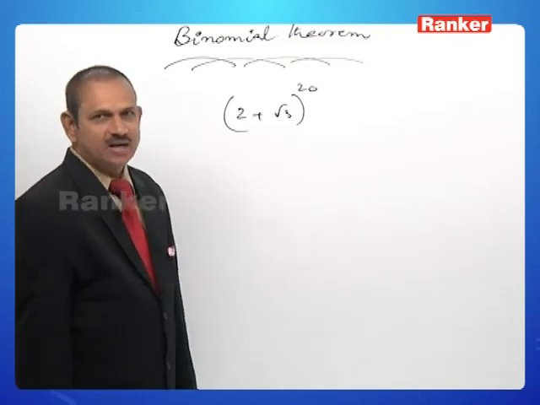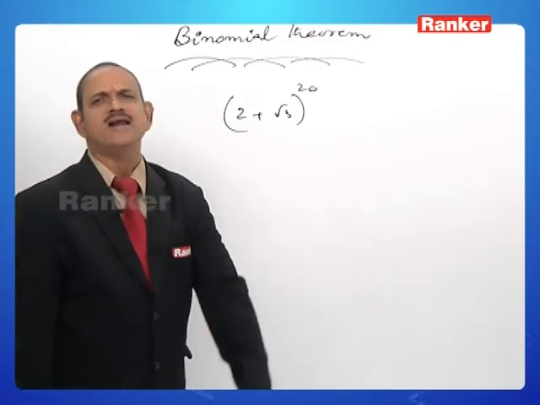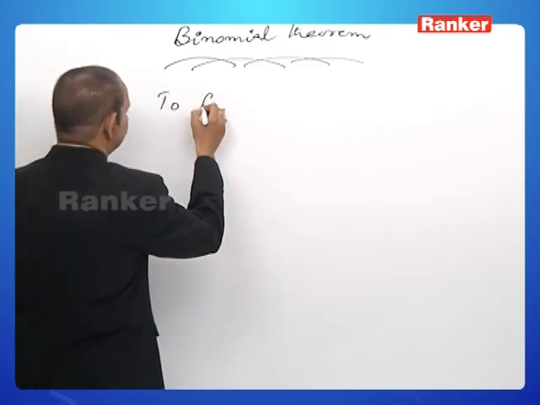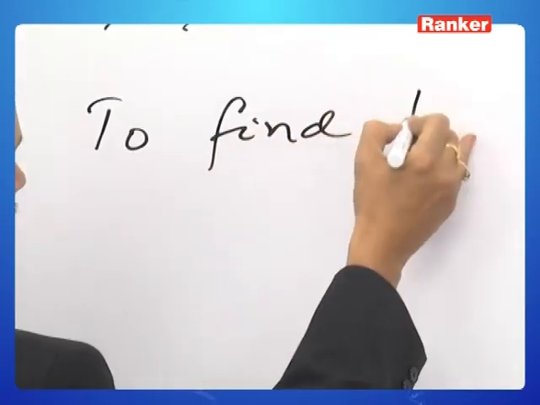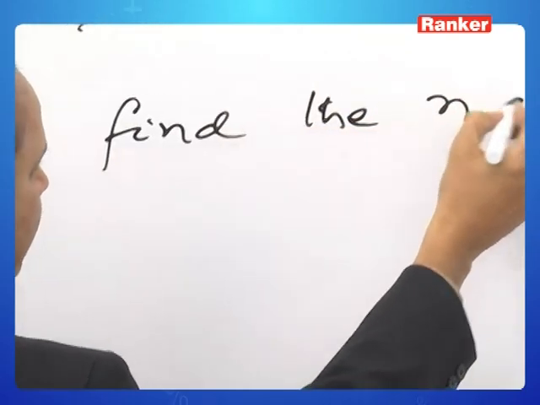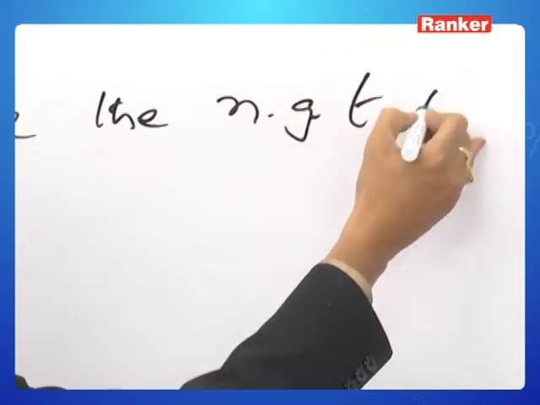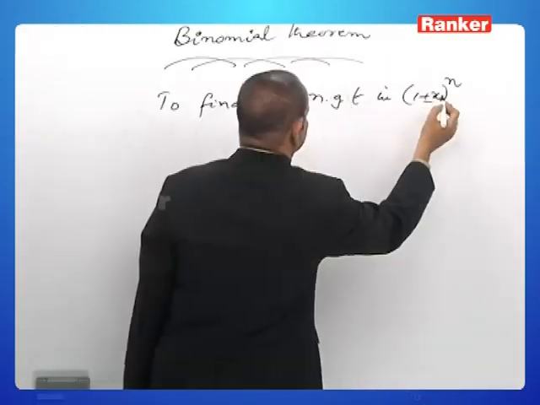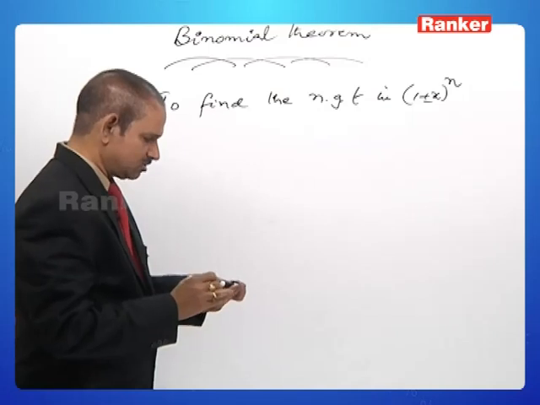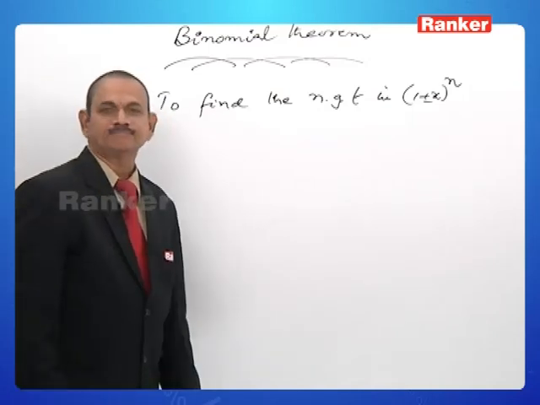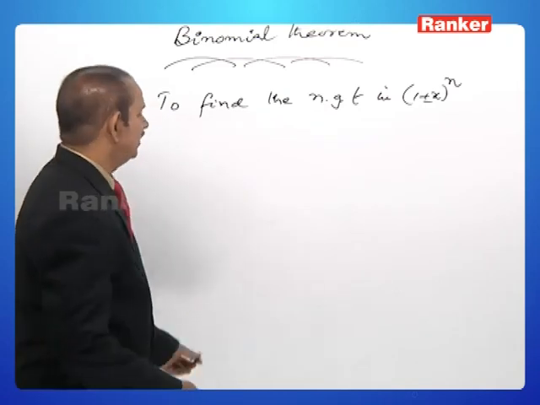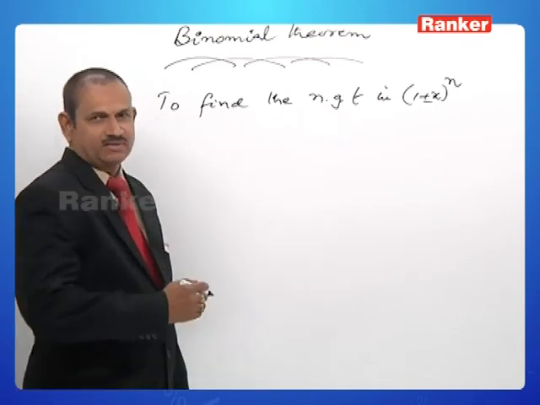To understand that, let us take the most general expansion. To find the NGT in (1 plus x) whole to the power of n, or even (1 minus x) whole to the power of n. That is the standard expansion.